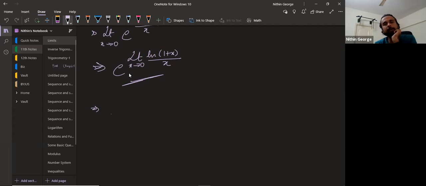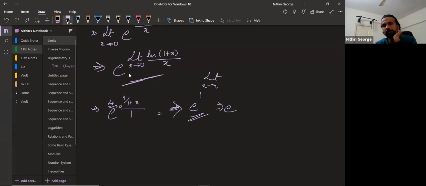Now this part you can apply L'Hopital rule here. ln(1 plus x), if you differentiate it, you get 1 by 1 plus x. And x, when you differentiate it, you get 1. Limit x tends to 0, you get e power 1 here. That's how you get the value e.